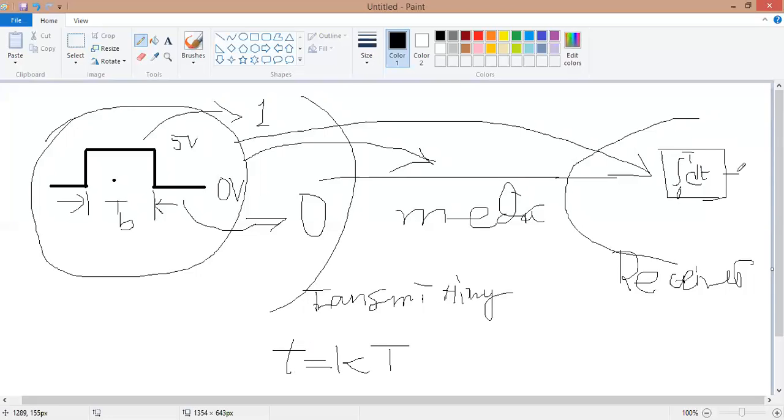If I put one sampler, a switching circuitry, then it may function over a certain interval, t equal to kT. When k equal to 1, then t equal to capital T. When k equal to 2 and so on, we are sending repeated different digital data.